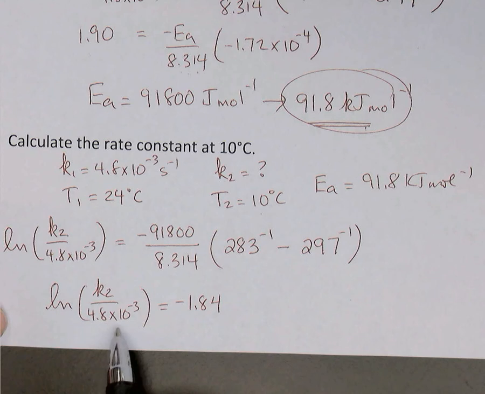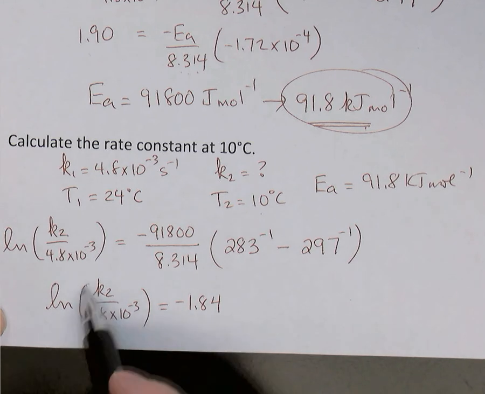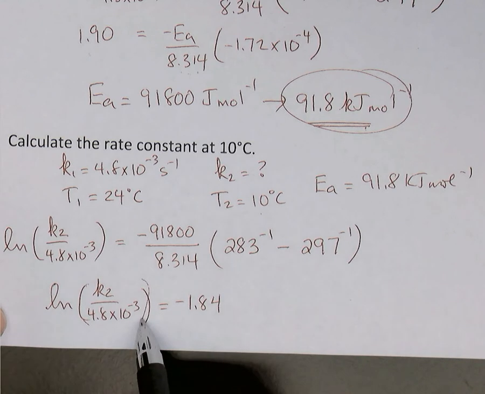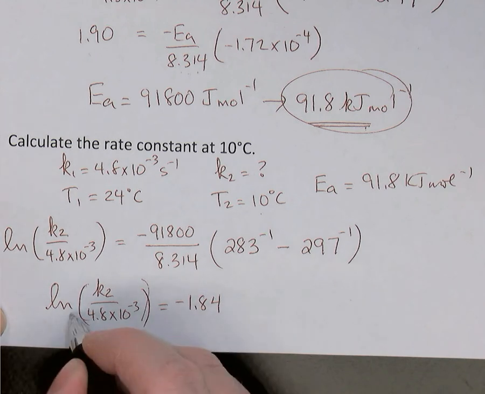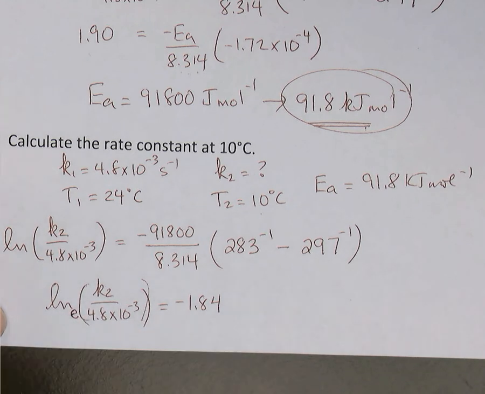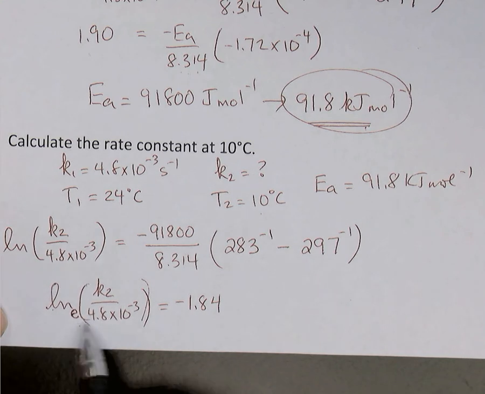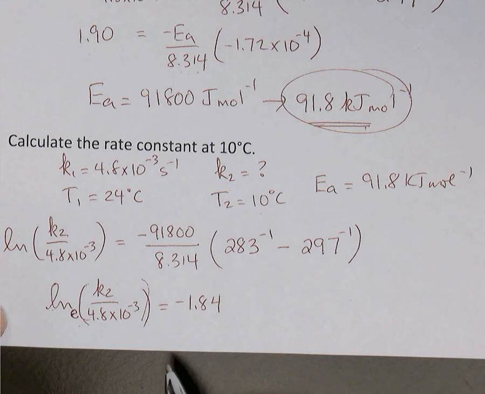Some people want at this point to multiply both sides by 4.8 times 10 to the minus 3. You can't do that because the K1 in this case is trapped, it's held within the natural logarithm. So what we need to do is undo the natural logarithm before we go any further. Remember that the base of the natural logarithm is the number e, so it really means log base e of this is negative 1.84.